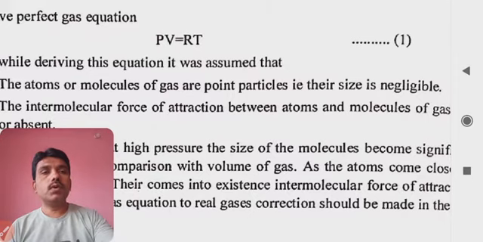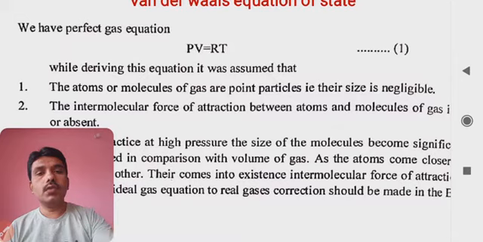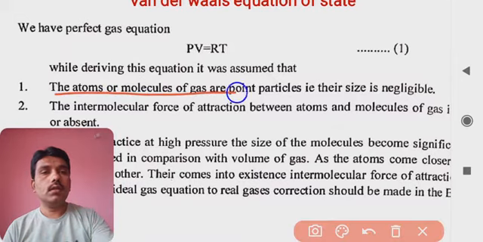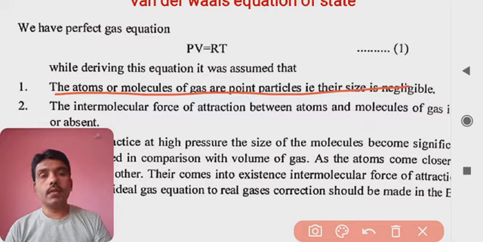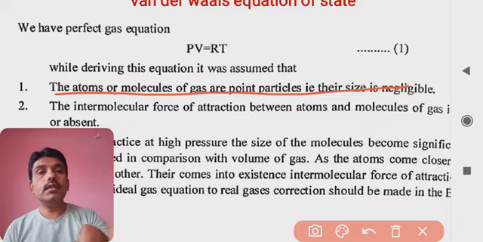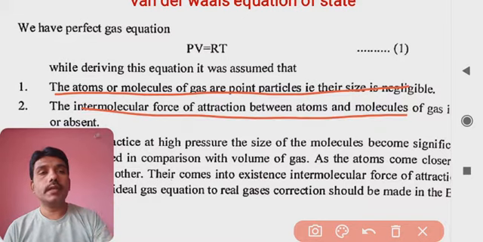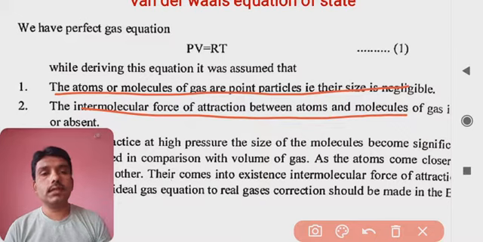The first point is that the size of the gas molecule is neglected, as it is very tiny. The second is that intermolecular forces of attraction between the molecules are absent, that is, not taken into account.